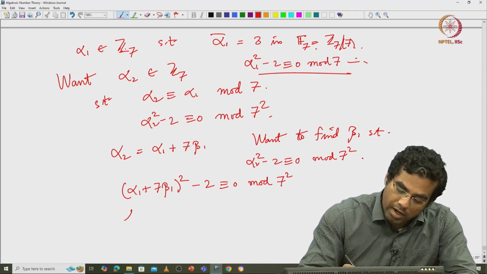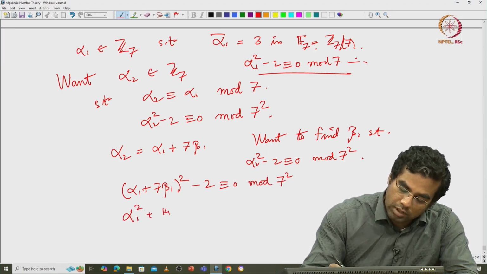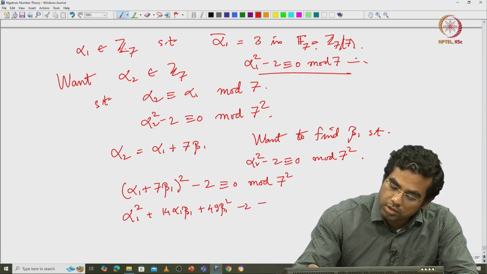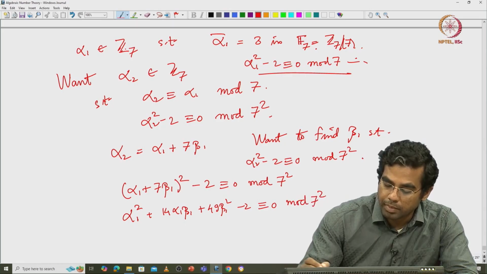Now, I just expand this: alpha 1 squared plus 14 alpha 1 beta 1 plus 49 beta 1 squared minus 2 is congruent to 0 mod 7 squared.